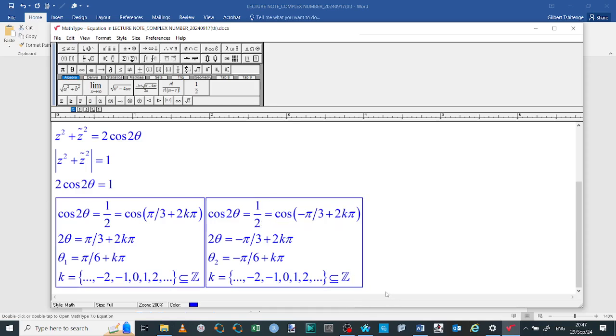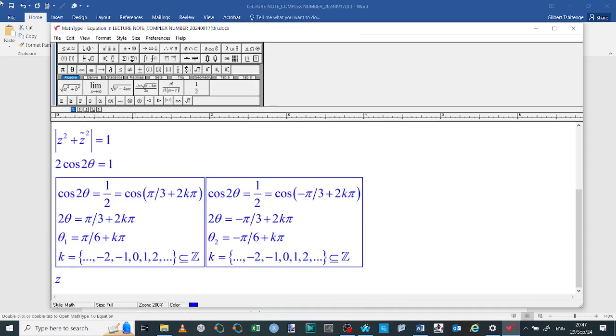Okay, lovely. Now I can say that for my complex number, we can have two sets of complex numbers there. z1 will be equal to e to the power of j pi over 6 plus k pi.